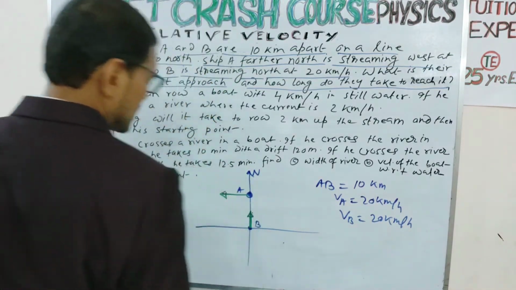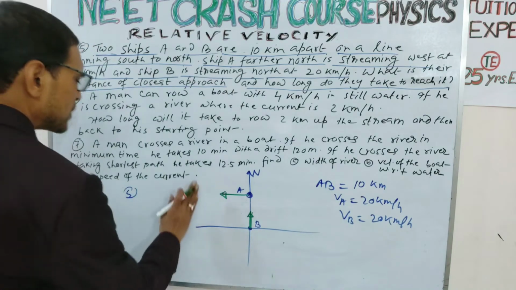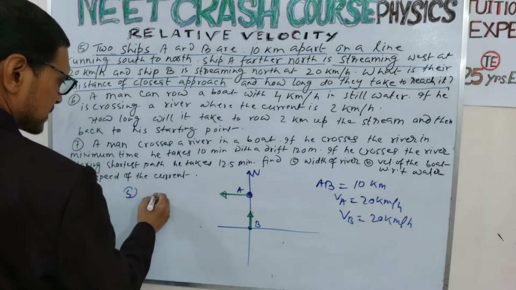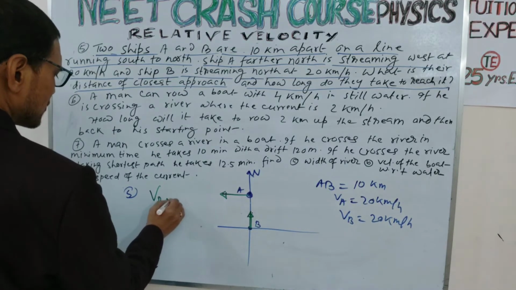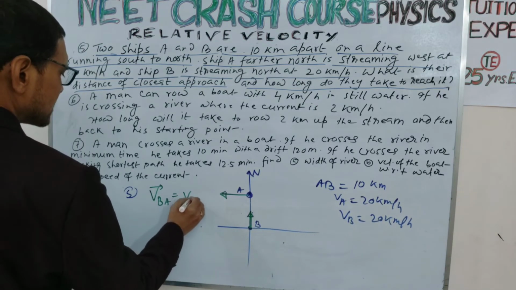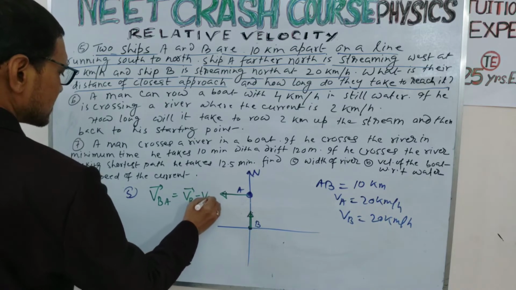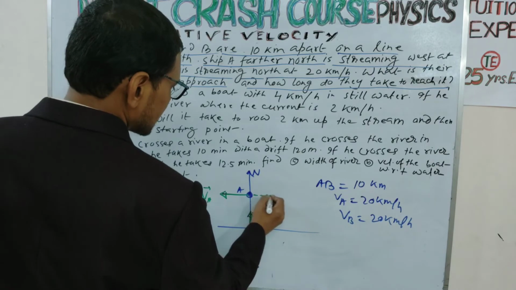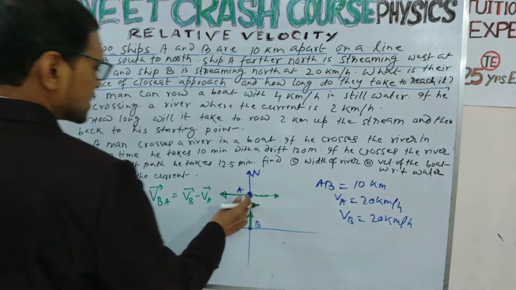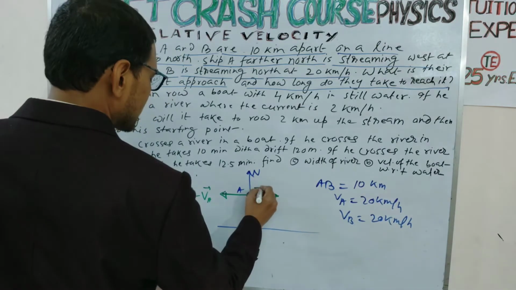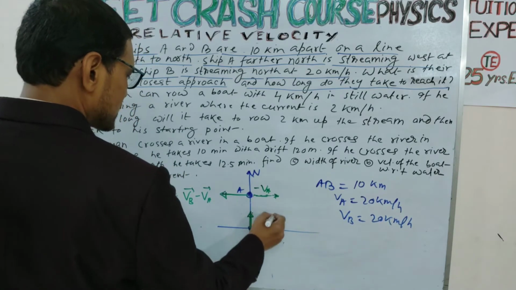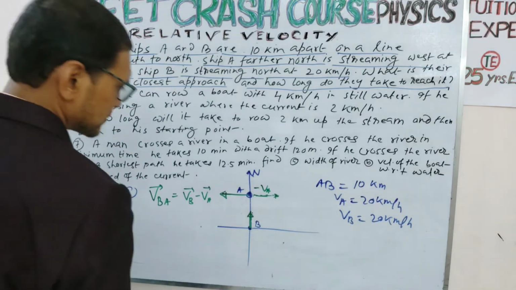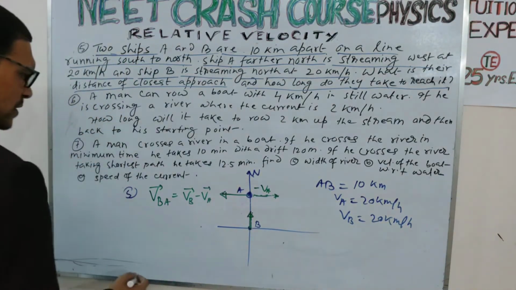Now if we measure the relative velocity VBA, what is VBA? VBA equals VB minus VA. Minus VA means we have to reverse the velocity of A. This is minus VA. Now VB and minus VA give this result.